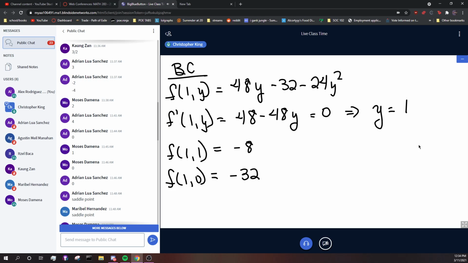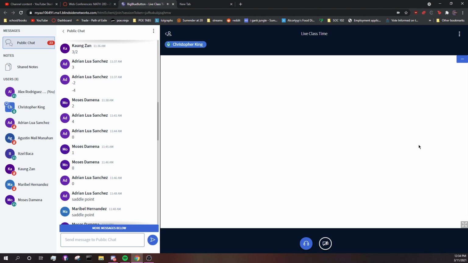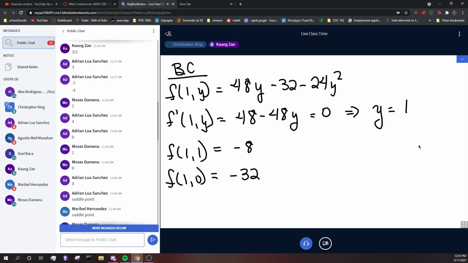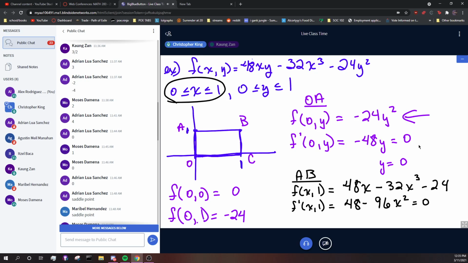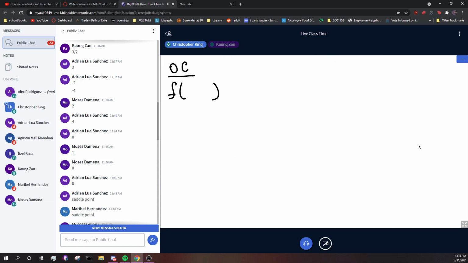Now we've got one more segment to look at, and that is the segment OC. For the segment OC, what's set? y is 0. So we're going to look at f of x comma 0. With y being 0, what's my equation?